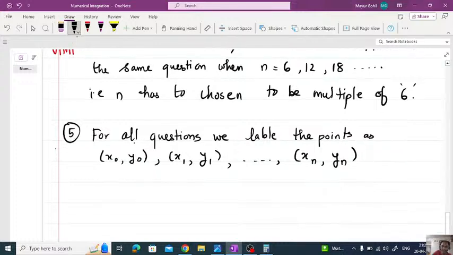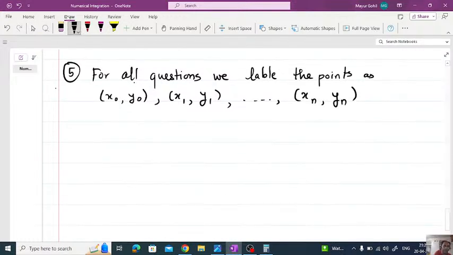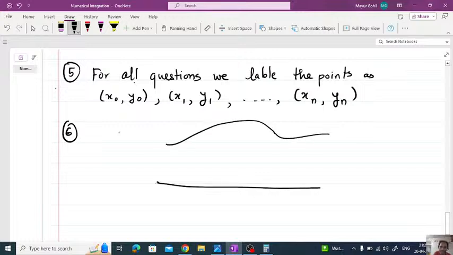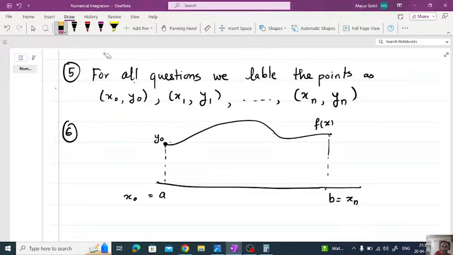Now see what happens here. Suppose you have this as your function, some function f of x defined over the interval AB. The starting point is x naught and the ending point is xn. The corresponding value of the function is called y naught, and the last value is yn.